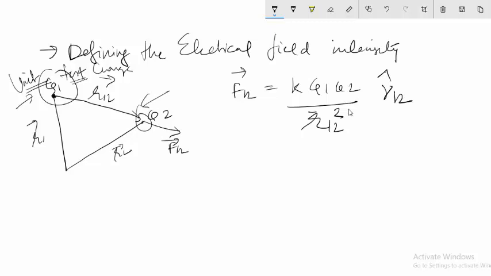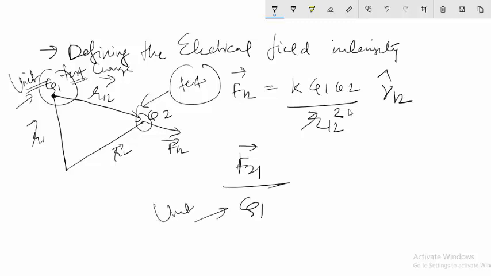In any case, you can take whichever you want as the test charge. So the electric field, or the force F21 divided by Q1, is the case where this is a unit charge.